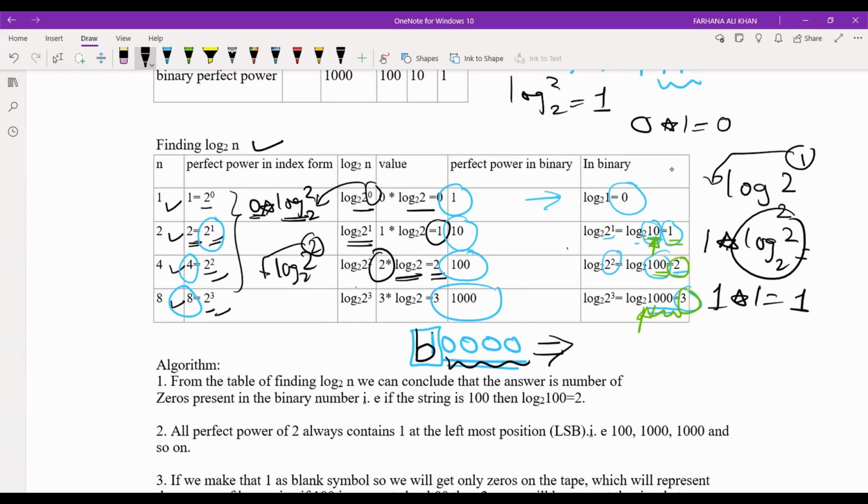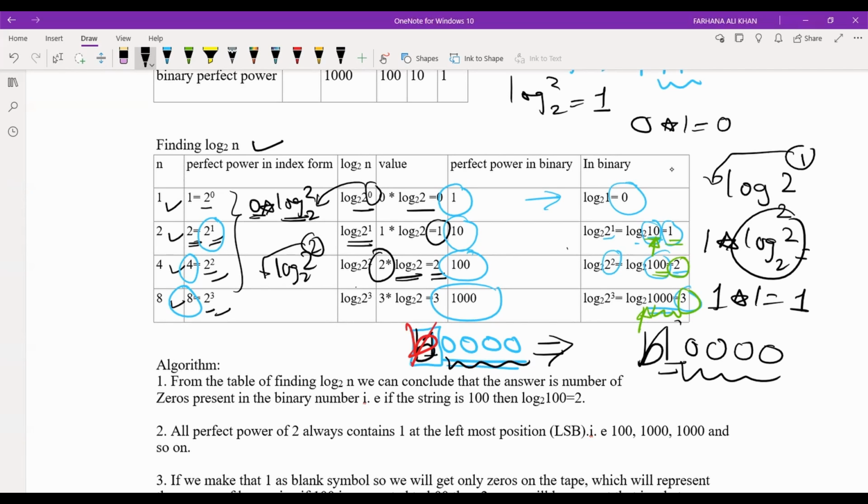We will convert that number into a blank symbol. So this 1 will be converted into the blank symbol and the number of zeros will be the answer. But one more precaution we have to take, that we have to be careful while moving. So after converting the first occurrence of 1 here into a blank symbol, we want the remaining thing to be the sequence of 0s.